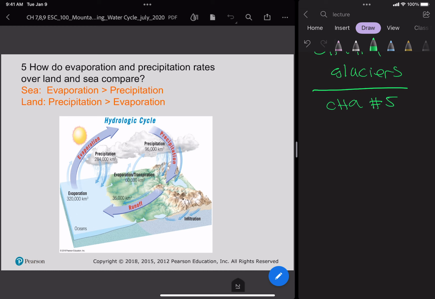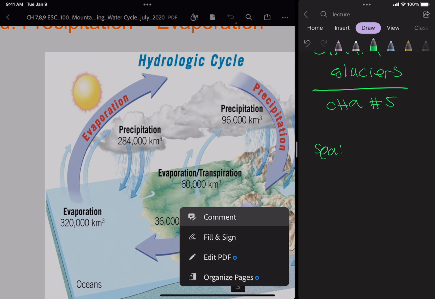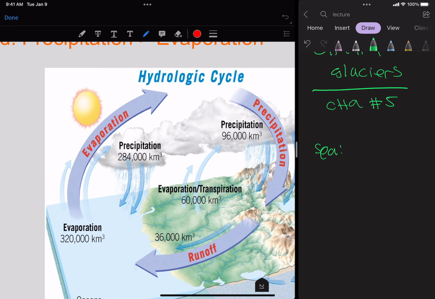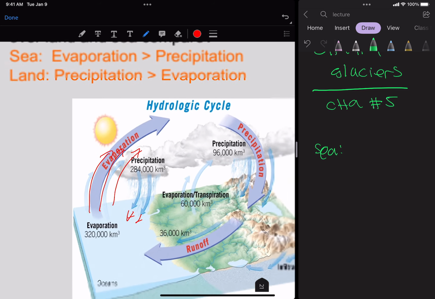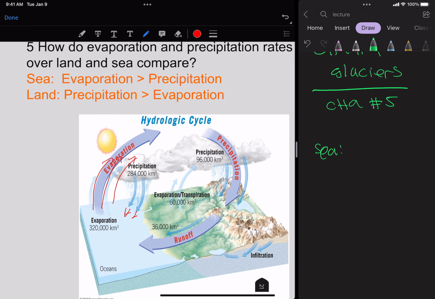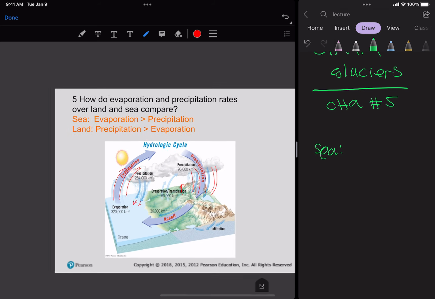Over the ocean, because most of the surface is water, the sun's heat is mainly going to cause water to evaporate. So over the ocean, you're going to have a lot more evaporation and less rain. Over land, it's going to be the opposite. You're going to have more rain and snow, and less evaporation over the land.